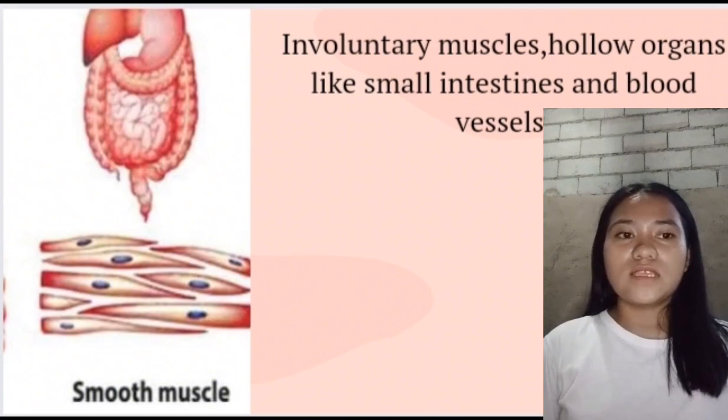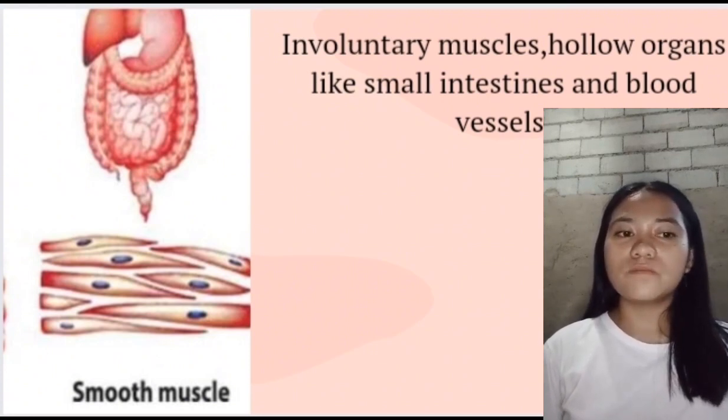Smooth muscle is arranged in layers that contract along the length of the structure. Another common term is involuntary muscle, since the motion of smooth muscles happens without our conscious awareness.